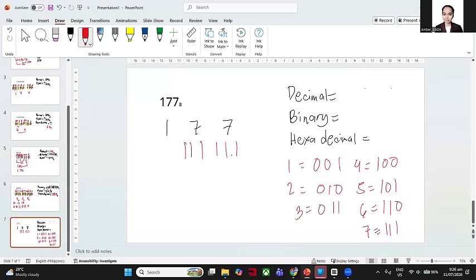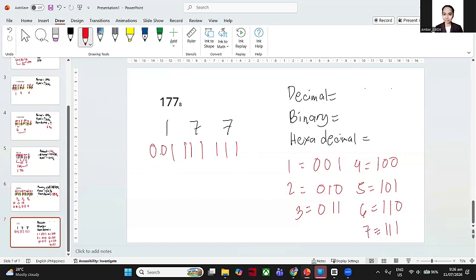Okay. So now we are going to find the binary. We have here 0, 1, 1, 0, 0, 1, 1, 1, 1. Now, how are we going to answer the binary here?